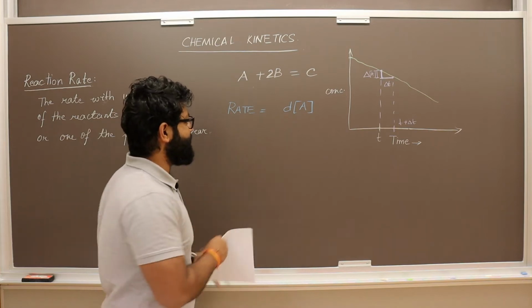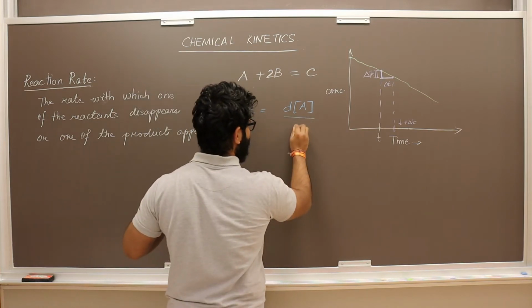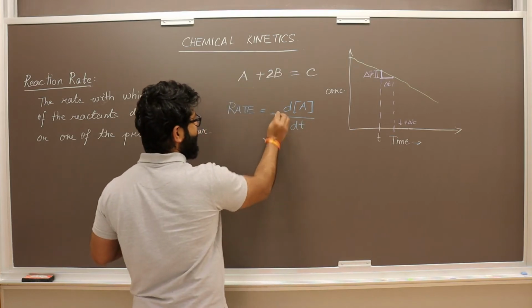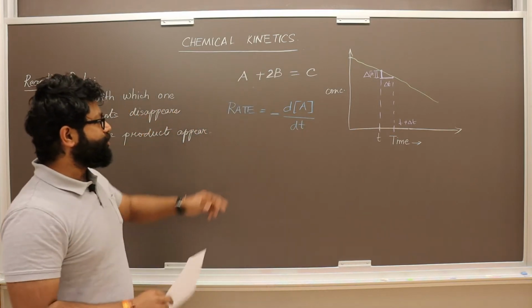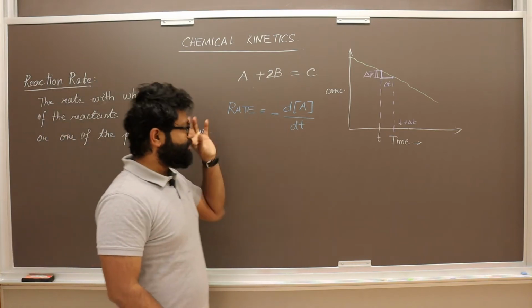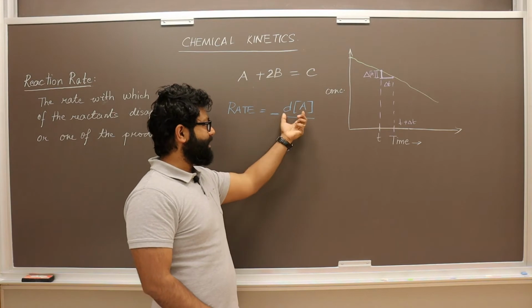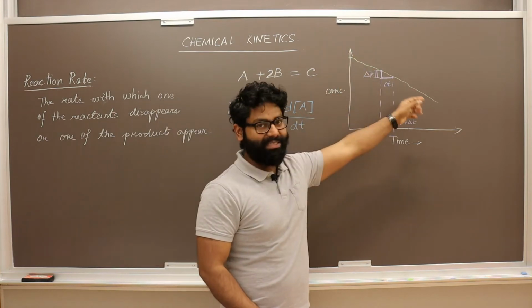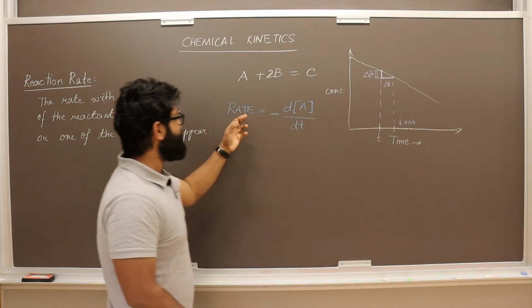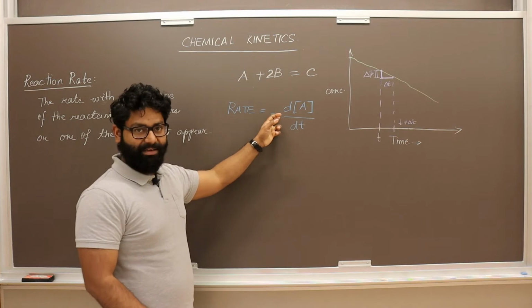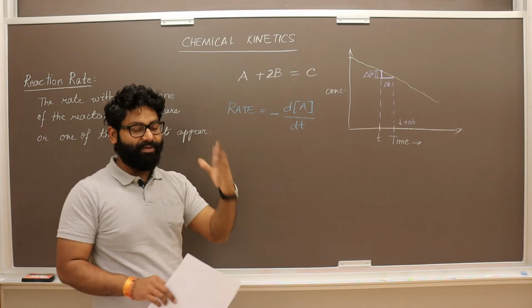Okay. So this is dA, and what's the time? It's dt. And I put a minus sign in here to make the rate a positive quantity. So we know inherently that the quantity dA by dt will be negative because there is a decrease in the concentration of A. So in order to make the rate positive, I put a minus sign in here to make the rate overall a positive quantity.